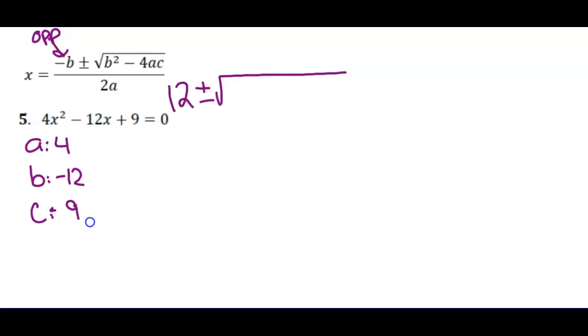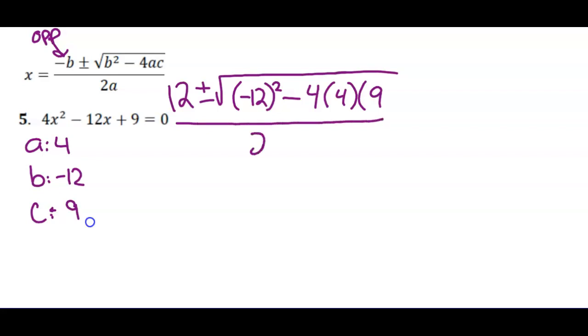Then what's going here? Negative 12 squared minus 4 times 4 times 9. Do not forget about your 2a.